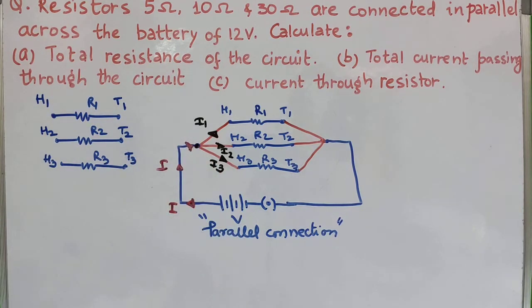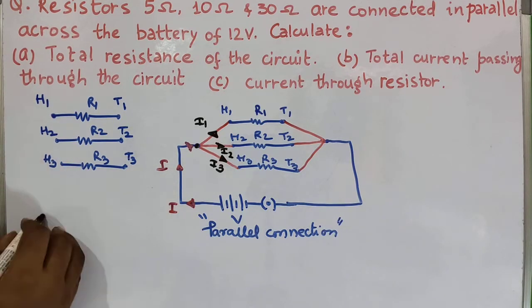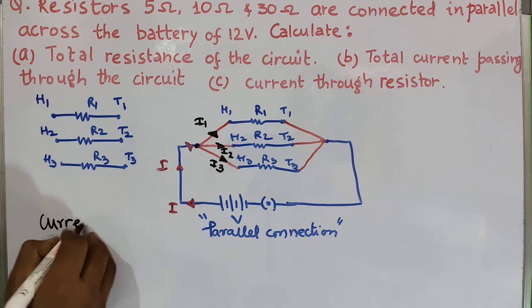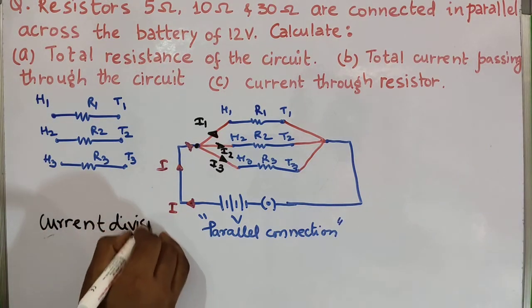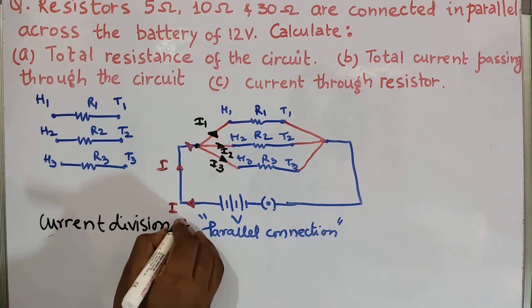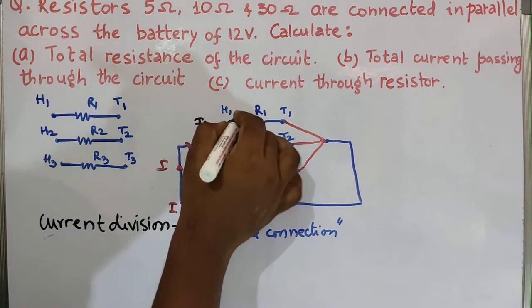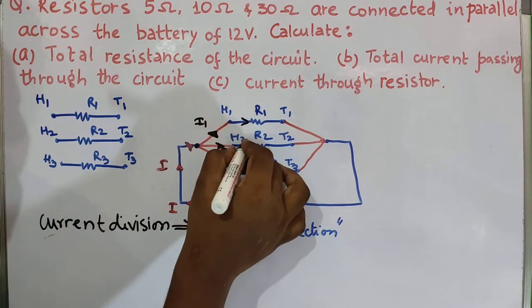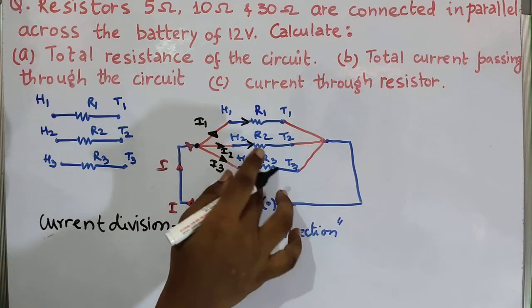So current division is a characteristic of parallel connection, right? So I1 current flows through R1, I2 current flows through R2, I3 current flows through R3.